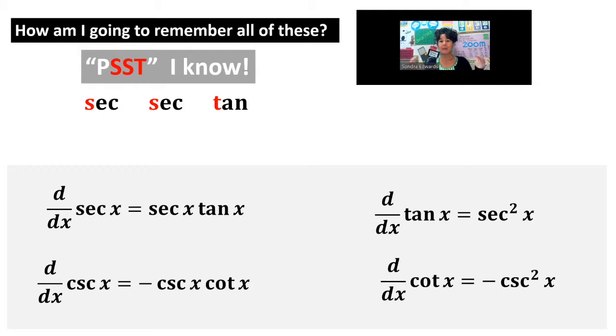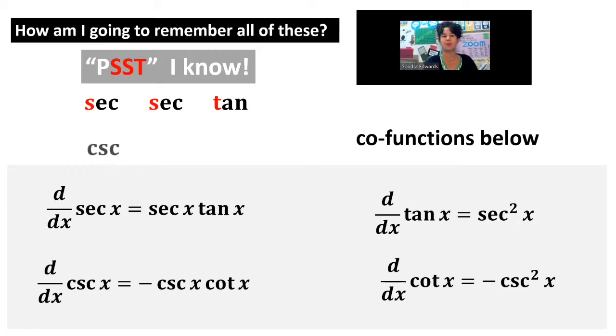Then directly below these 3, you write their co-functions. That is not memorized. Come on, people. Secant, just put the word co in front of it. What is secant's co-function? It would be cosecant. And what is the co-function of tangent? Cotangent. All right, so I just dropped down here the co-functions below.